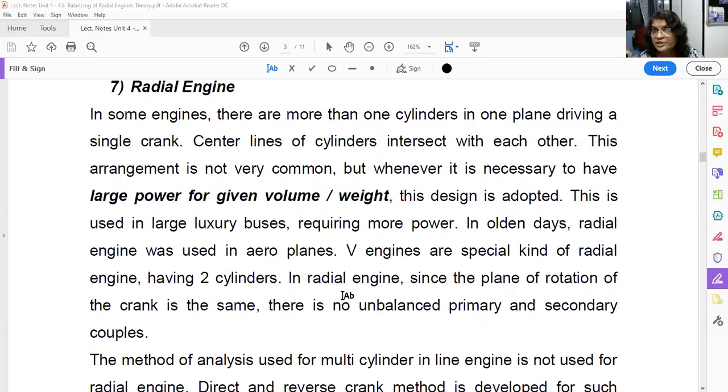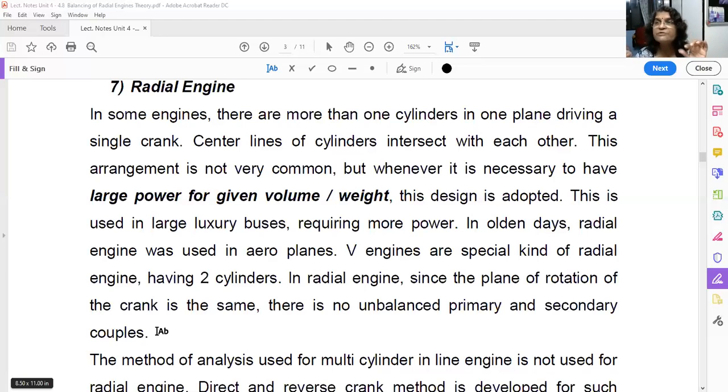In a radial engine, since the plane of rotation of the crank is the same, there are no unbalanced primary and secondary couples if the forces are balanced. See, this is your shaft. In the multi-cylinder inline engine that we learned, there was one cylinder, second cylinder, third cylinder, all cylinders inline.